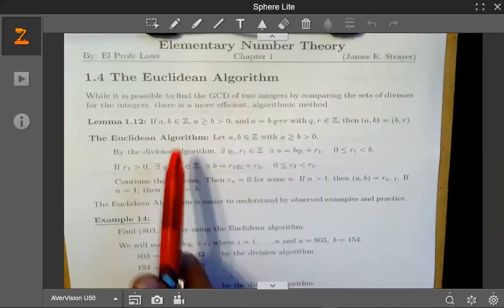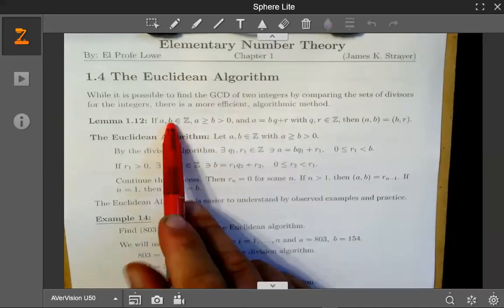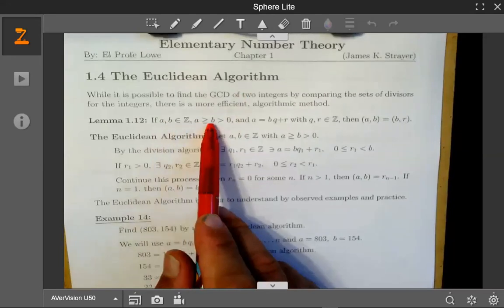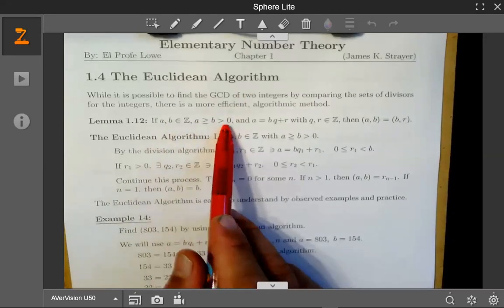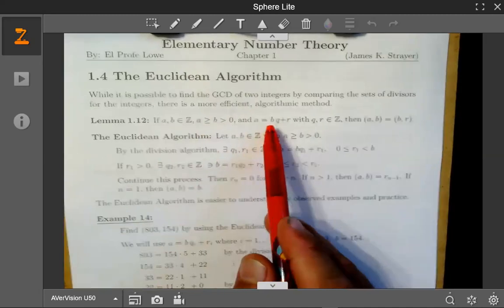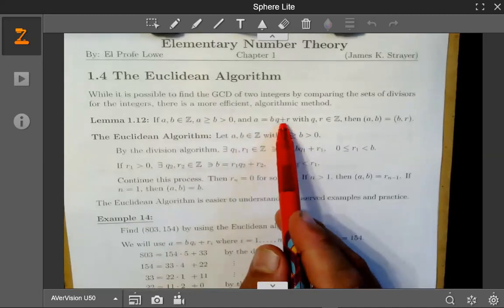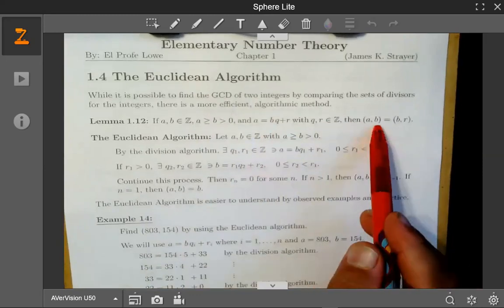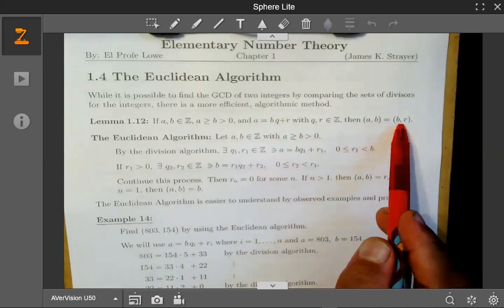Okay? So we have a lemma here that says that if a and b are integers, where a is greater than or equal to b, which is greater than 0, and a is able to be written as b times q plus r, where q and r are integers, then the greatest common divisor of a and b is equal to the greatest common divisor of b and r.